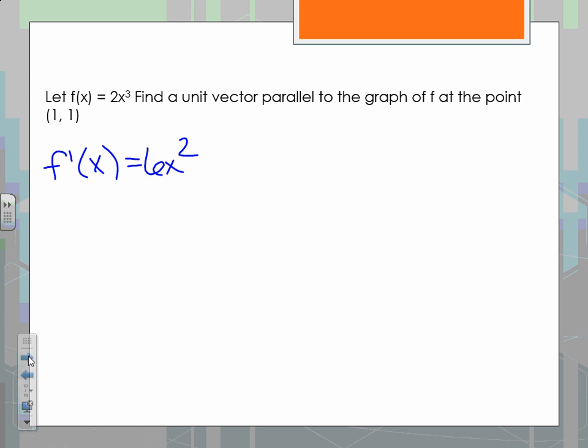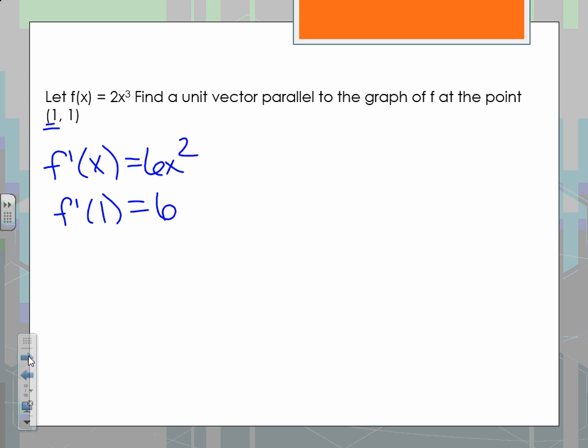What do we need to do with the derivative? Plug in 1. So what is the slope at the coordinate (1, 1)? 6. I want a unit vector parallel to that. Let's do it.